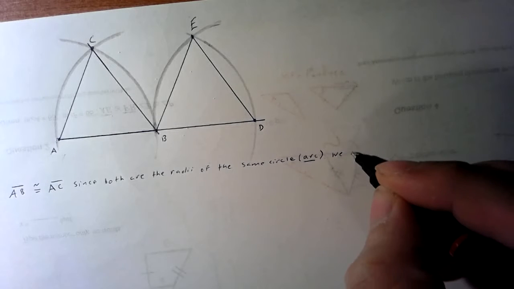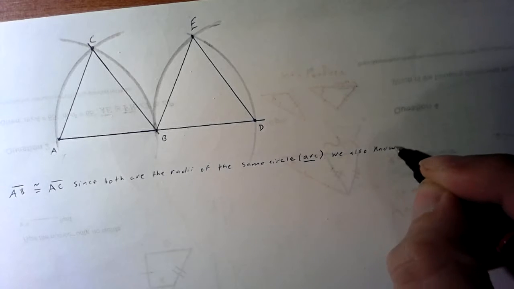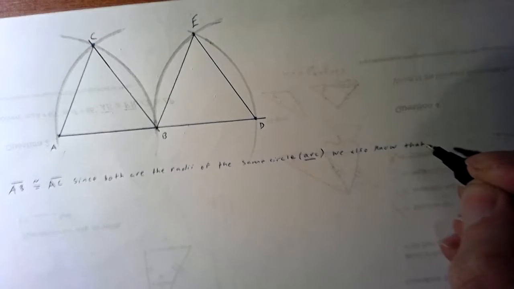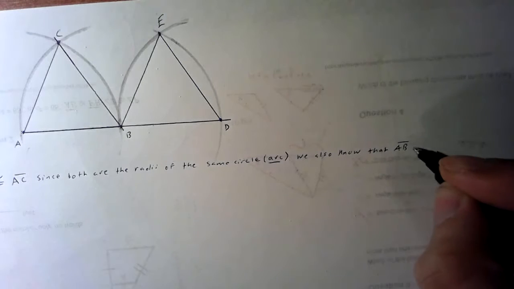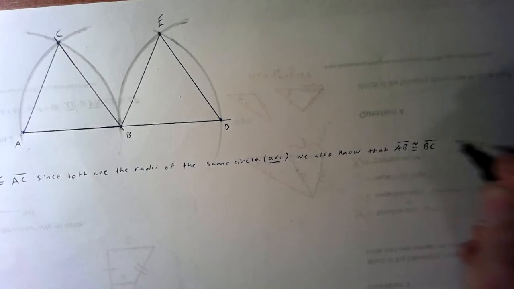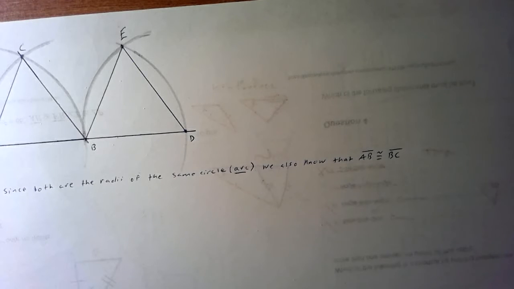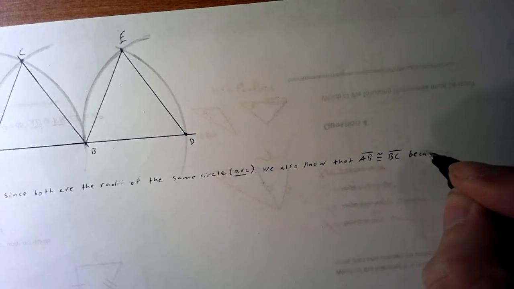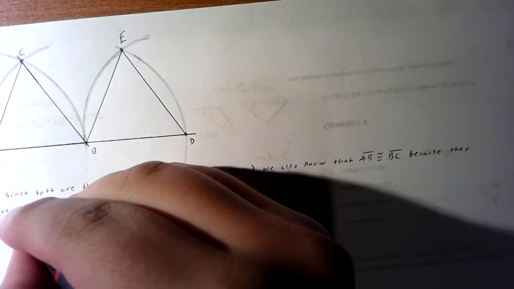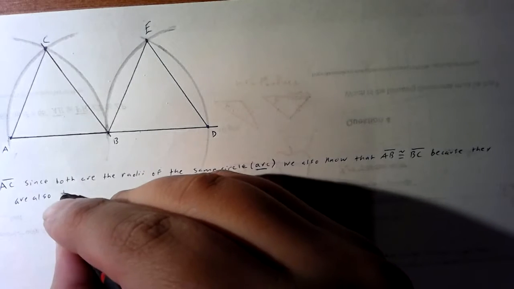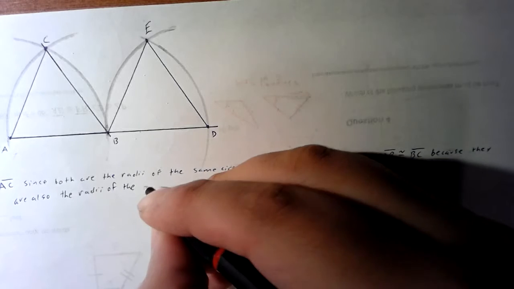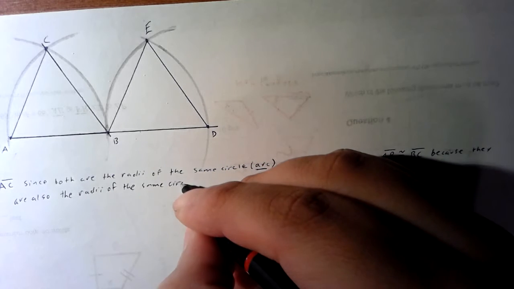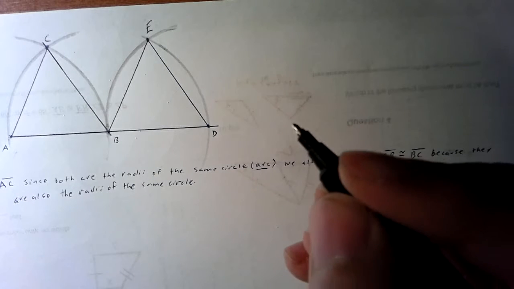So we also know that AB is congruent to BC, because they are also the radii of the same circle. All right.